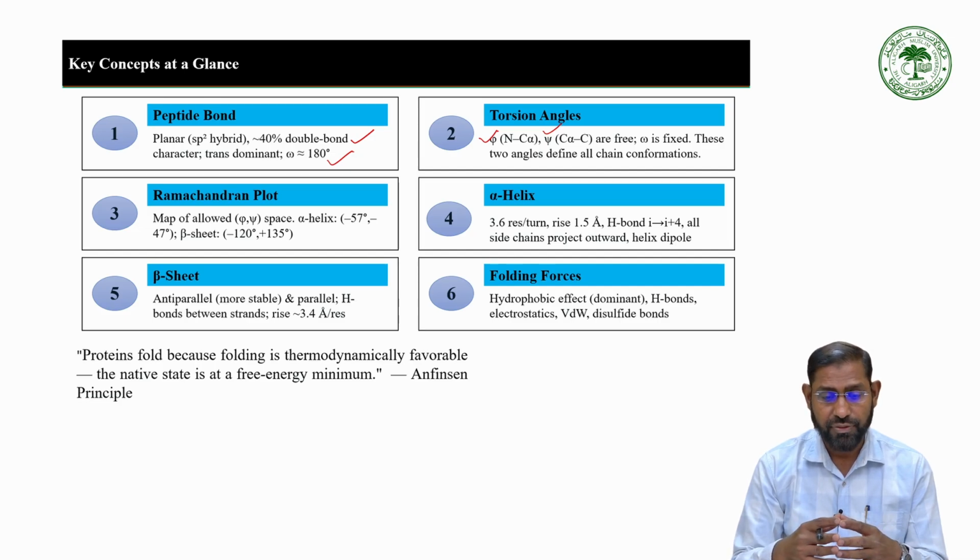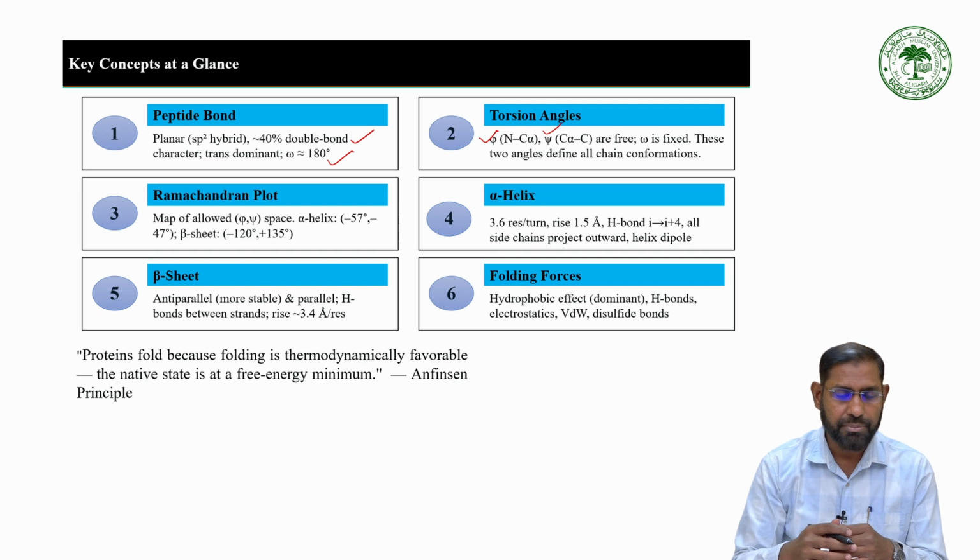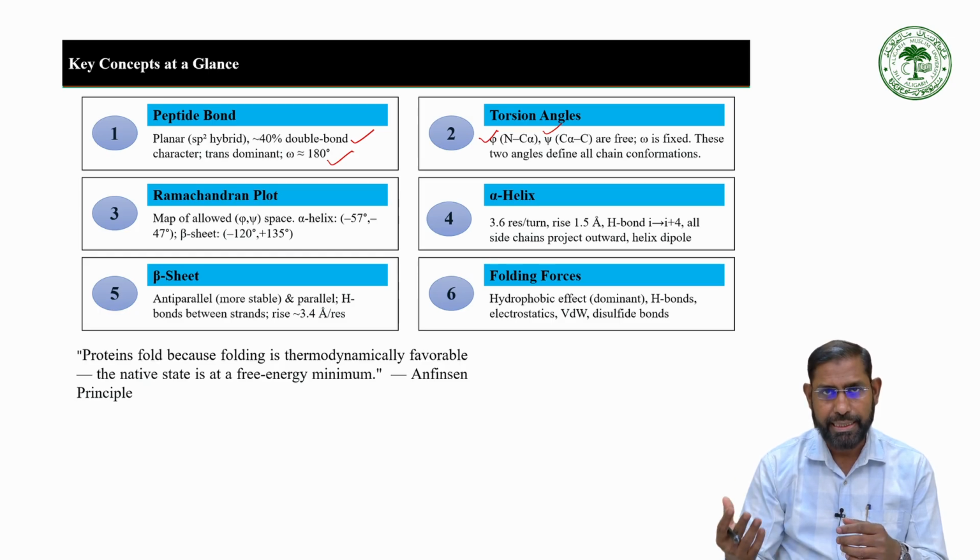The alpha helix is ideally at minus 57 and minus 47, where minus 57 is the phi angle and minus 47 is the psi angle. Then beta sheet is permitted, at minus 120 degrees phi and plus 135 degrees psi.